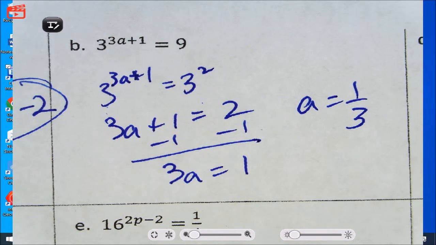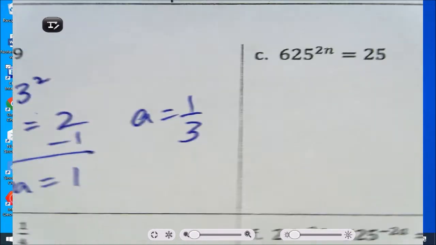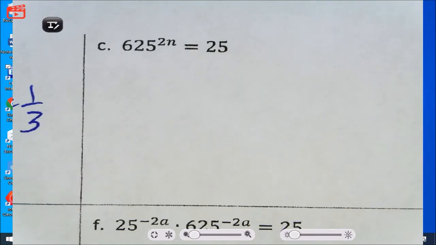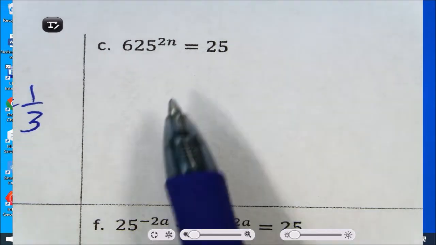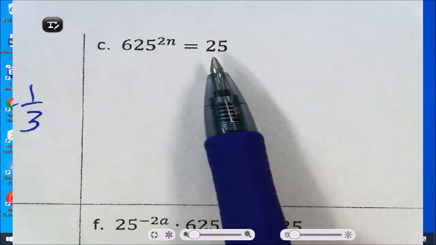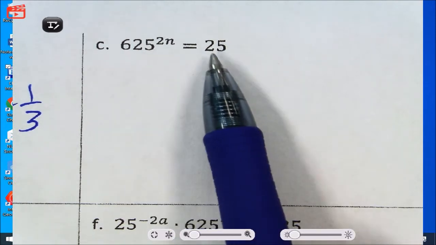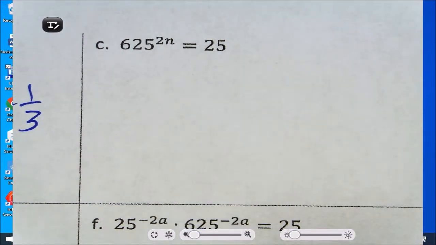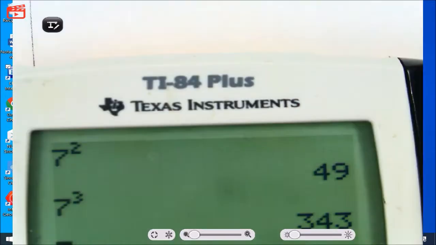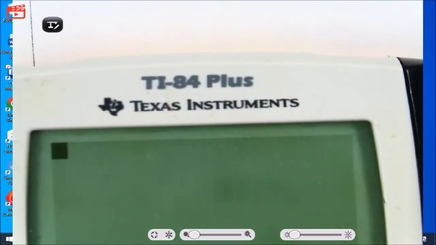Alright. Let's look at C. Ready for C? C, 625 to the 2n. Now, what I do, since they're not the same, I want to see if I can write 625 with an exponent on 25. So I go over here, and first thing I try is just the second power.